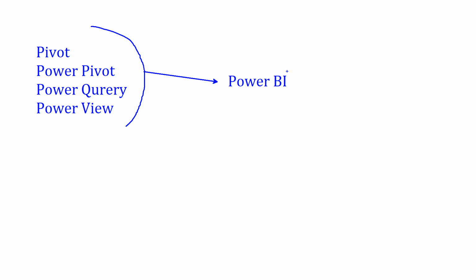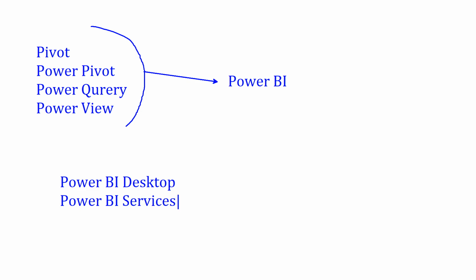There are 2 BIs available. One is, of course, which you already installed, that is your Power BI Desktop. The second one is Power BI Service. The name itself says desktop. It's a desktop version. You have to download it and install it.